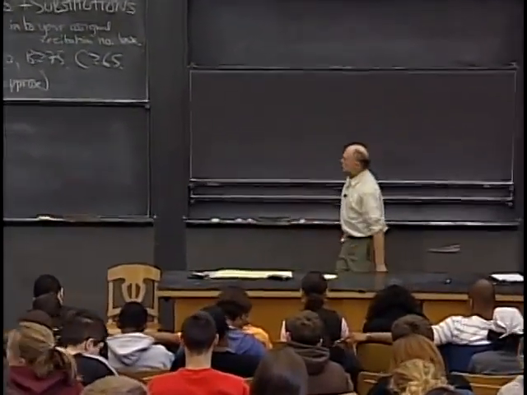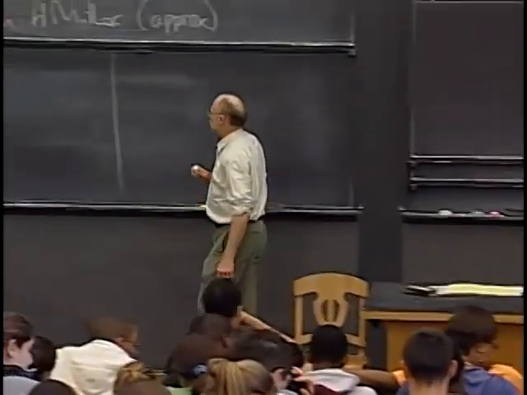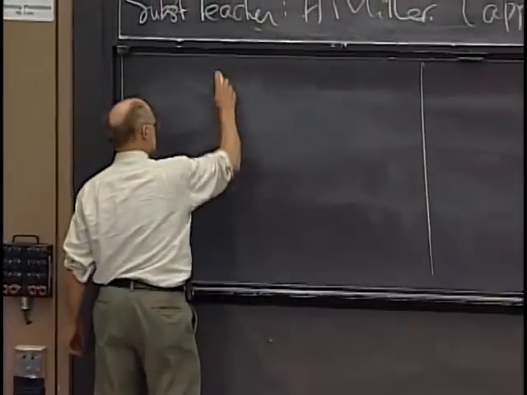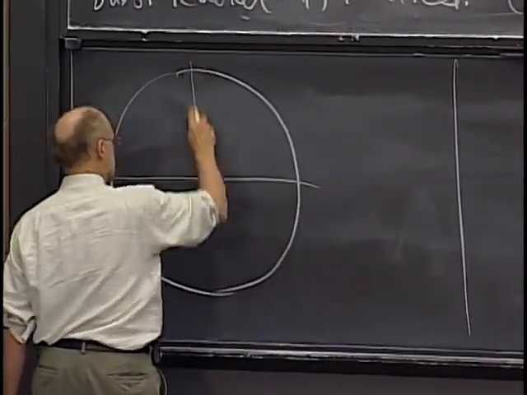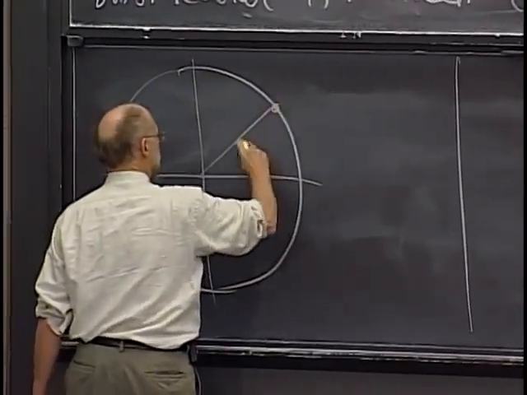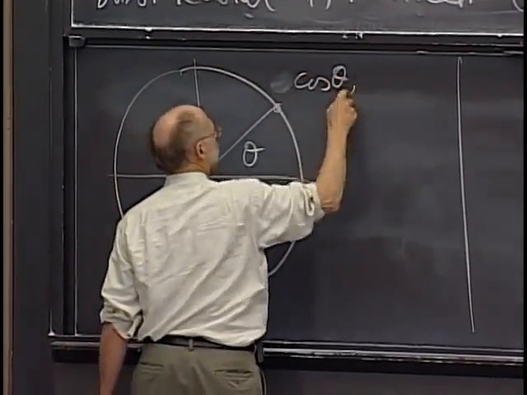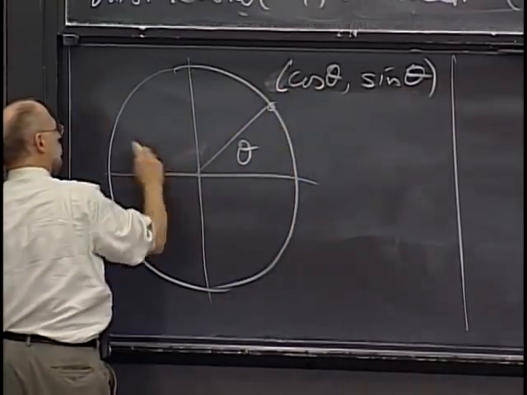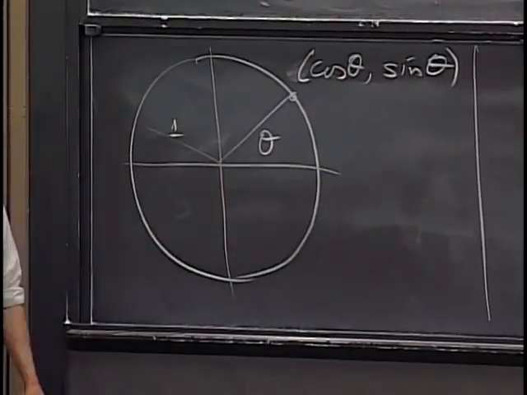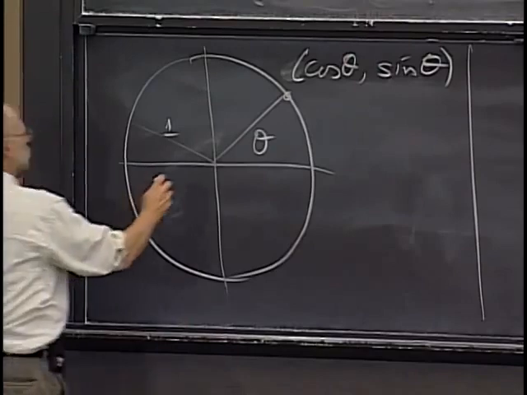So this is about trigonometry, and maybe the first thing I'll do is remind you of some basic things about trigonometry. If I have a circle, all trigonometry is based on this circle of radius 1 centered at the origin.